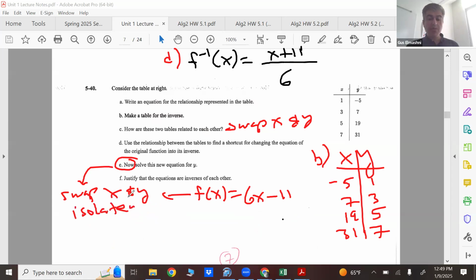Okay. So let's swap x and y. Then you could just solve it, right? You still get the same thing. So you could actually approach inverses in this manner.